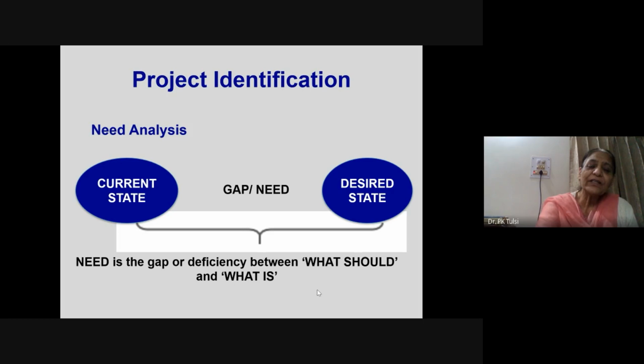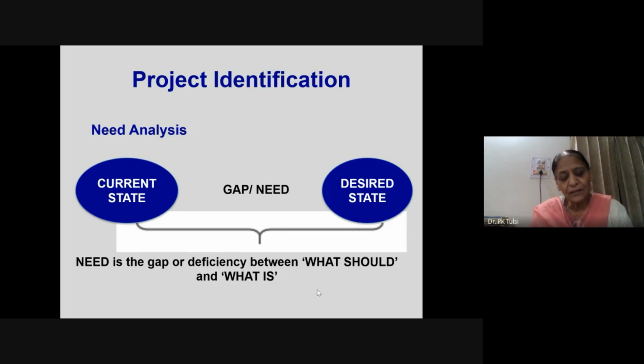But if we try to examine the current state, all those surveys which are available, whether it is the Manpower Research Group survey, with respect to the study taken up at the international level, it is said that employers are dissatisfied with the competencies possessed by the graduates and they are unable to fill the vacant positions.